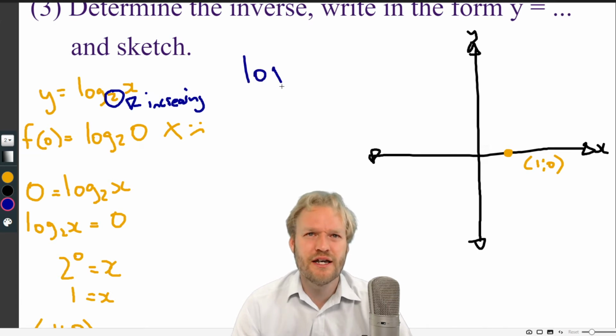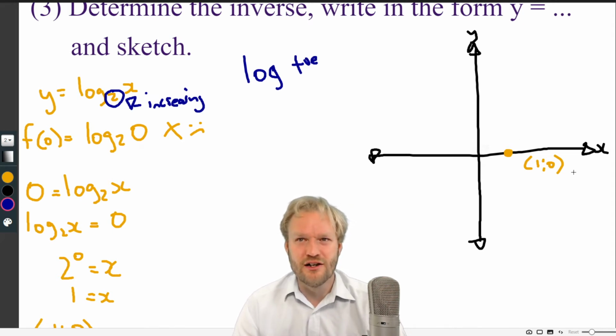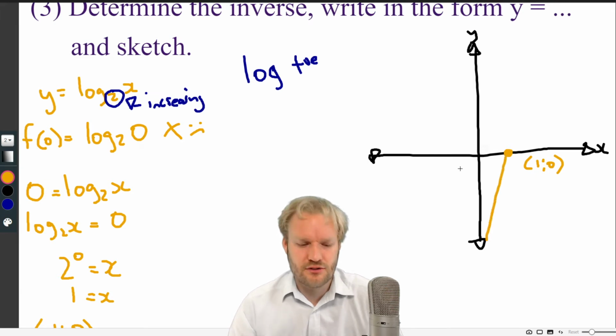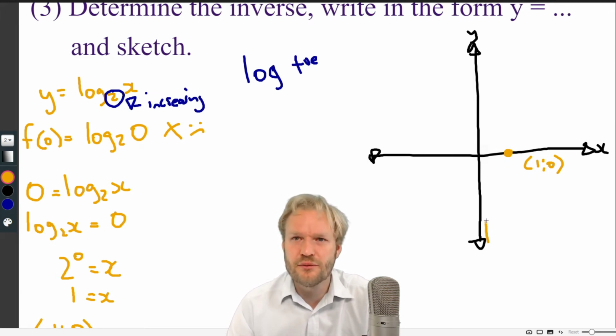We must always take log of something positive over here. So we can only have positive values. It must be increasing, so we're going to get a sense that our graph must look, let's make that look a little nicer, like this. Here's our graph of f.